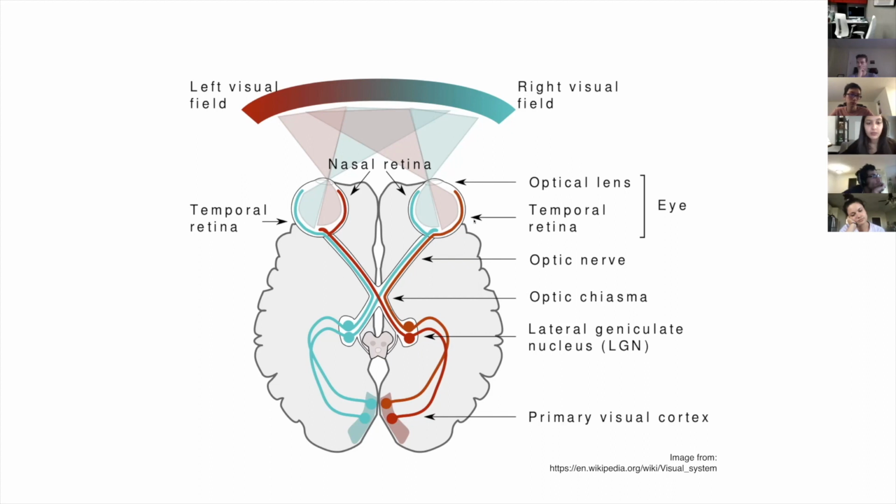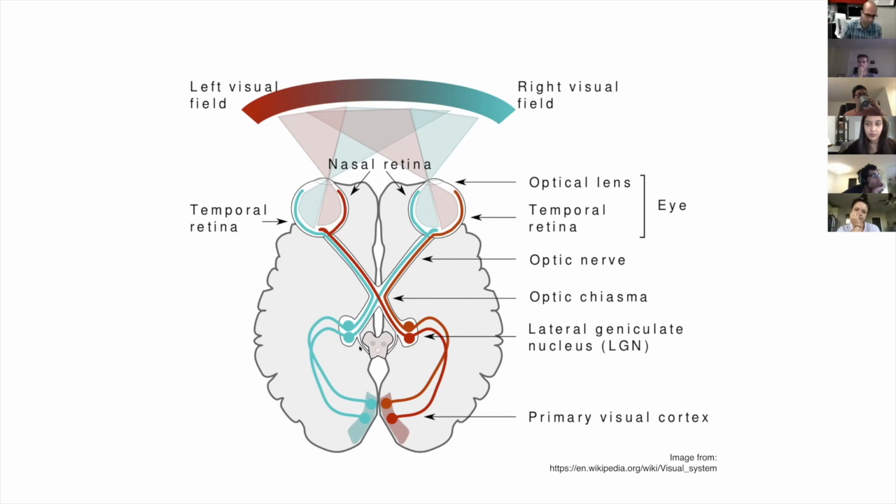As a result, the red lines from both eyes end up in the same visual tract, the optic tract. And the cyan parts of both eyes end up in the other side, and basically, as a result, your left hemisphere sees the right of the world, and your right hemisphere sees the left of the world.